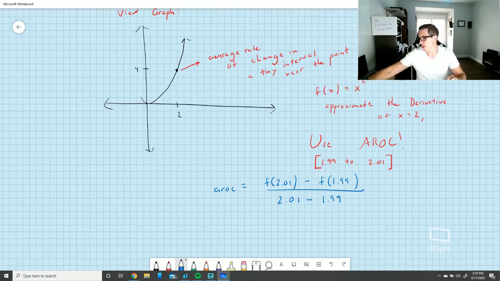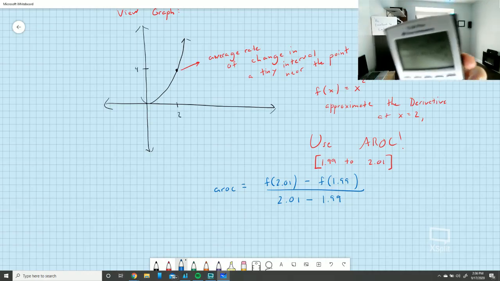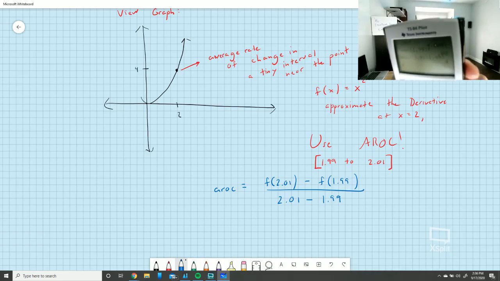And if we pull up our calculator and give this a shot, 2.01 squared minus 1.99 squared divided by 2.01 minus 1.99. My calculator gives up and literally just says 4. It's not exactly 4, it's close enough.